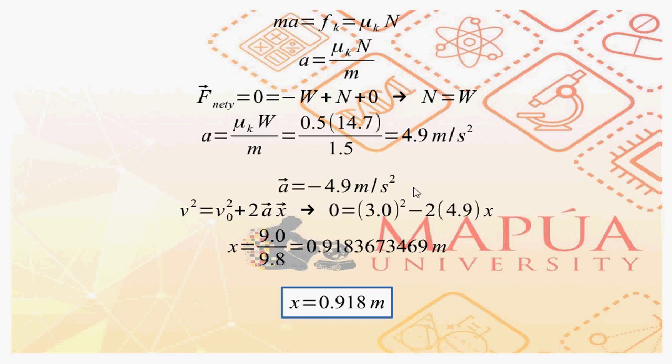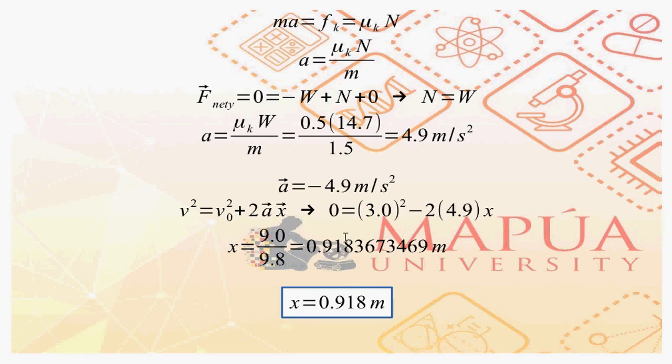So that's uniform acceleration. For uniform acceleration, you have 4 equations that you can use to analyze the motion of the box. One equation is v squared is equal to v naught squared plus 2ax. We know final velocity v, 0.